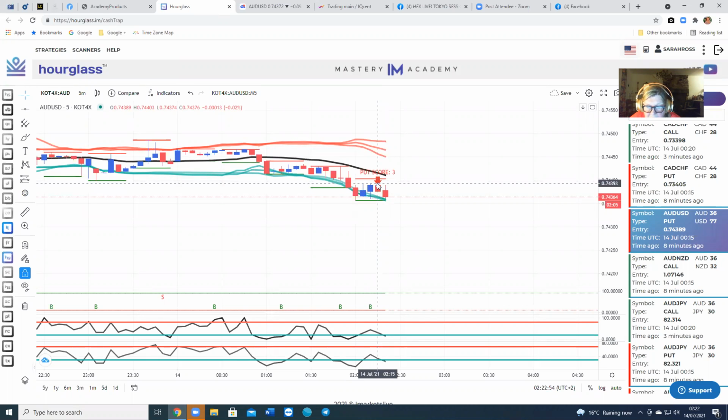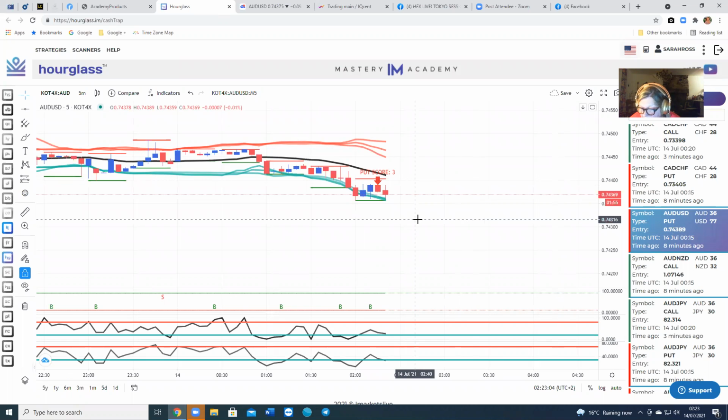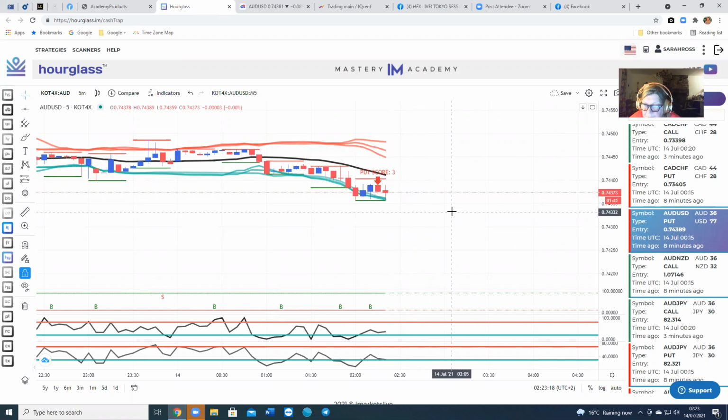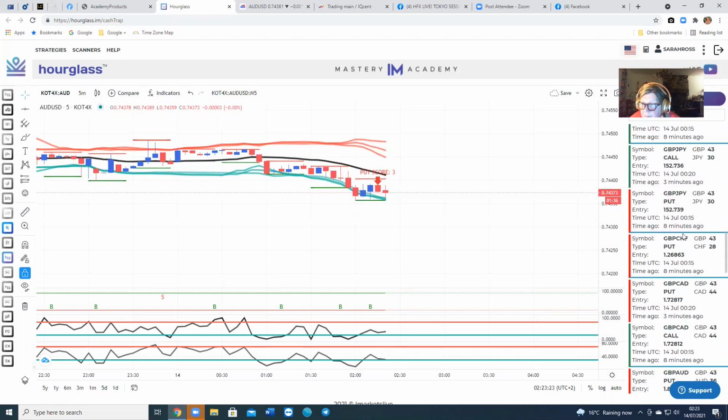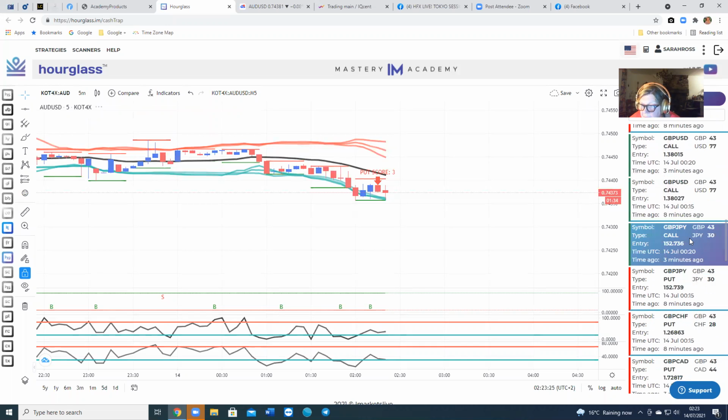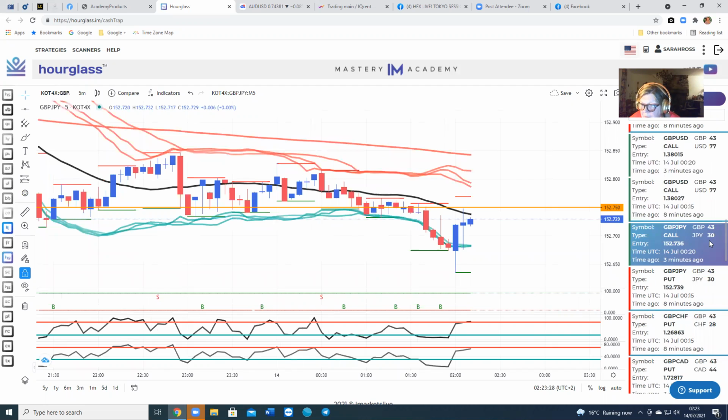So that was the highest on the 215. Let's look at GJ. GJ 43 to 30.